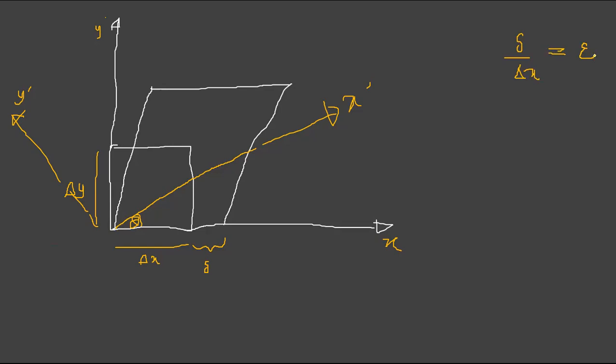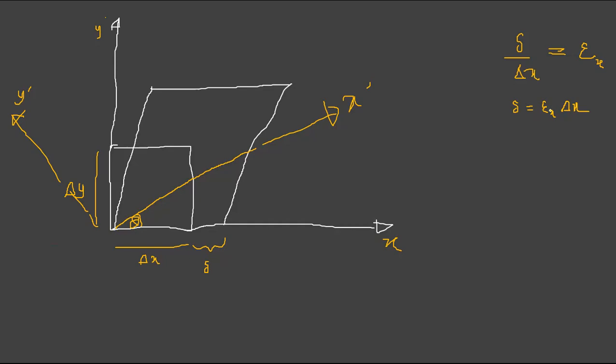The deformation with respect to the original length, right? So if I write it, the total length, so delta is epsilon x into delta x, right? So you can write the total length: delta x plus this delta.